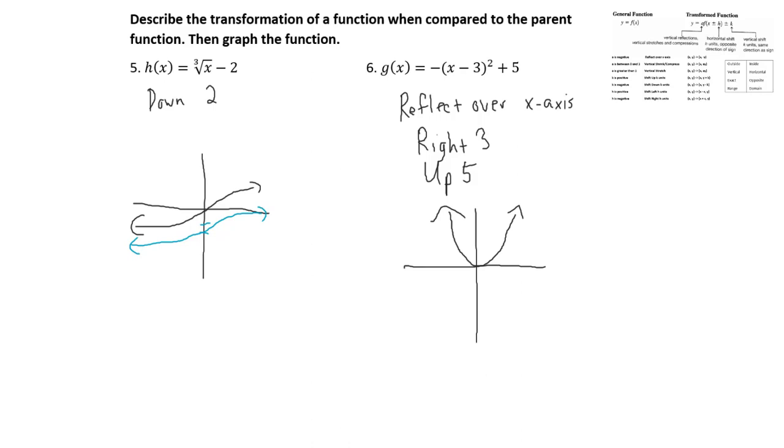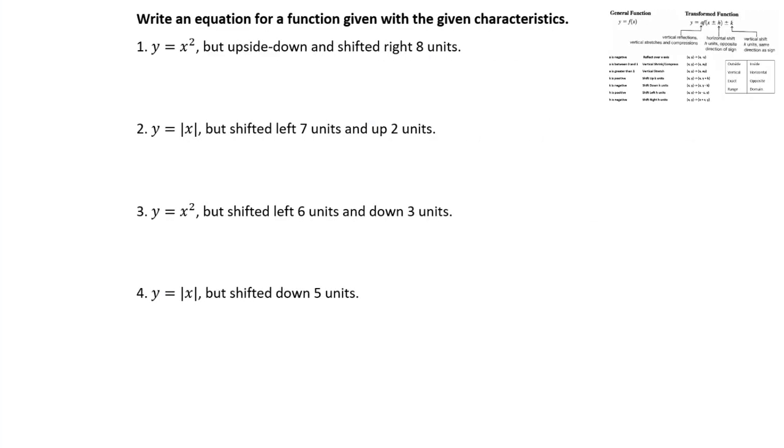And now our right 3, 1, 2, 3, and our up 5, 1, 2, 3, 4, 5, is shifting our vertex from there to here. And then as a reflection, it looks roughly like that. And so we have a reflection, a right 3, and an up 5 shift. All right, let's look at our final slides.